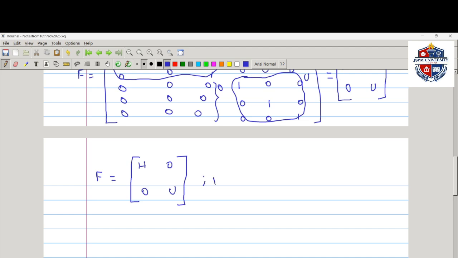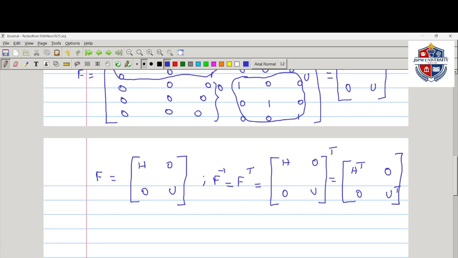Therefore, F inverse is nothing but F transpose. That is nothing but H, 0, 0, unit matrix, the whole transpose. So the value will be H transpose, 0, 0, U transpose. So this is the F inverse.